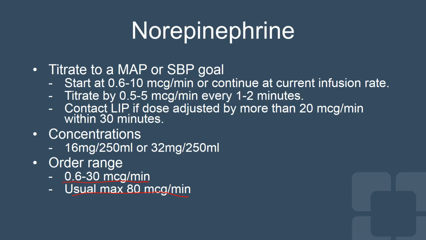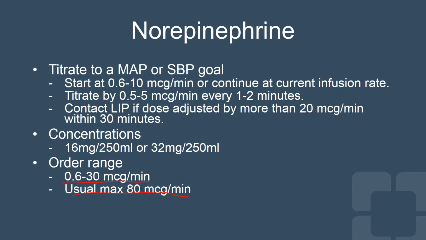You may want to do that higher end of 5 mics per minute. But again, if you have a patient who is now coming off of or being just started on norepinephrine and you're at the low ranges between 2 and 5, titrating by 0.5 mics per minute makes more sense. If you titrate too much, so more than 20 mics per minute within 30 minutes, you will contact the provider.